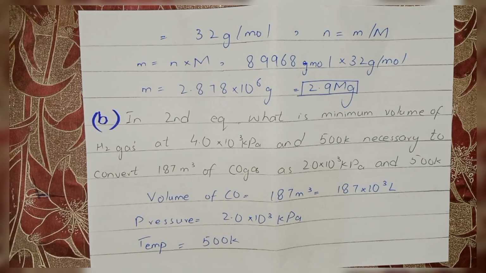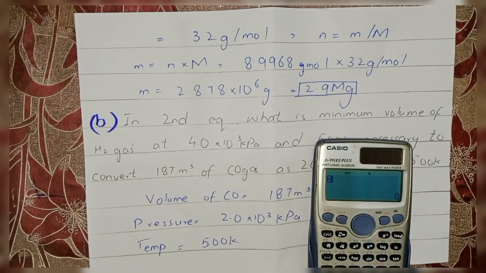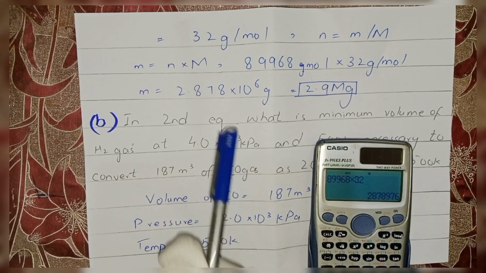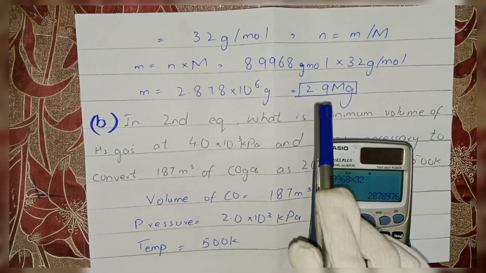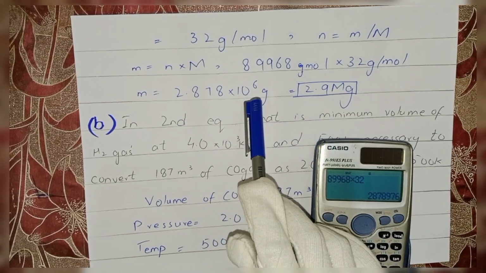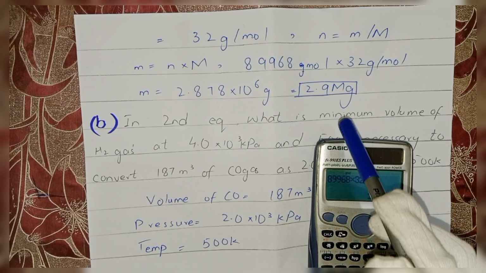So when we multiply these, 809,968 into 32, the mass is 25,918,976, which is approximately 2.6 into 10 to the power 7 gram. We know that 10 to the power 6 is equal to mega, so the mass will be 2.6 megagrams.